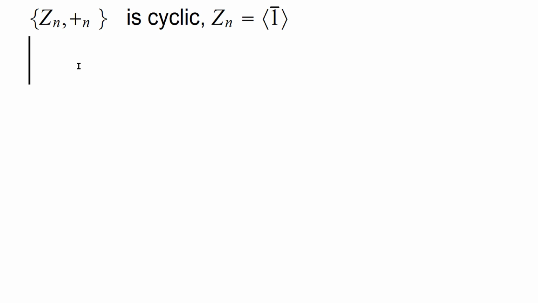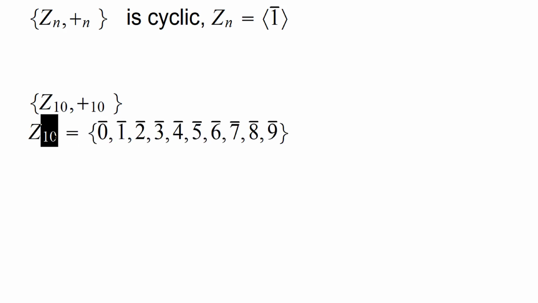We are in no hurry, because it's not only 1 that can generate it. For instance, let's take, say, n equals 10. Okay, so here you can see Z10 is, let me just write it and bring it back to you.